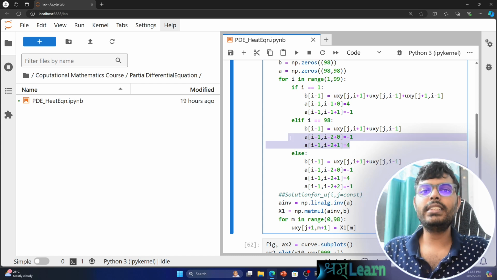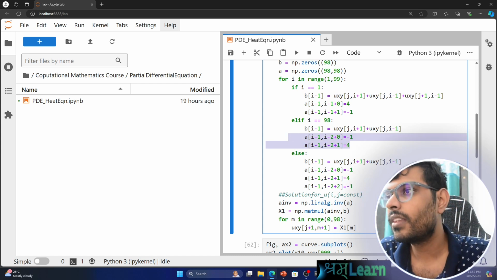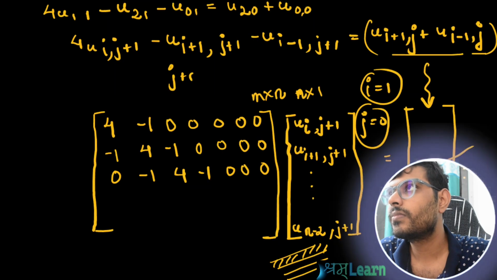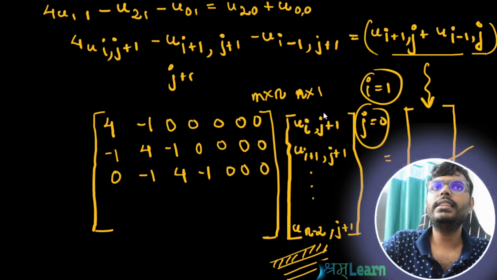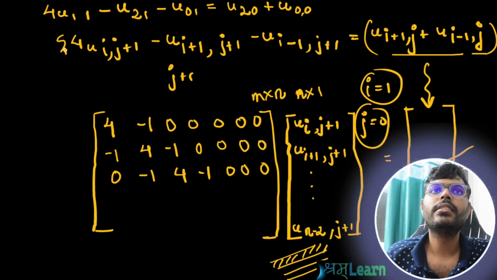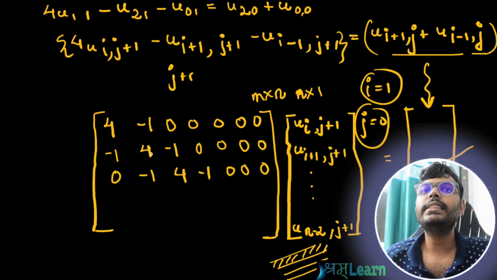The A matrix is nothing but the result of this relation. Right? The A matrix is nothing but the result of which relation? This relation. Okay, so what is the A matrix?